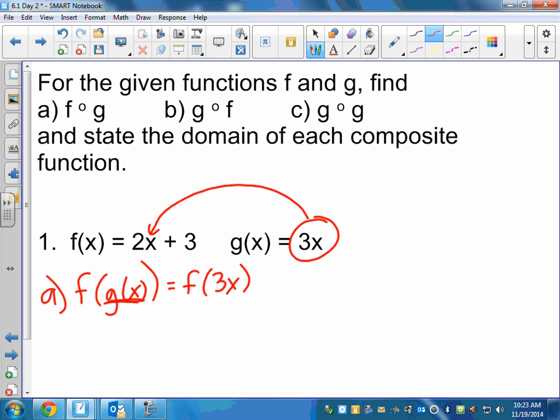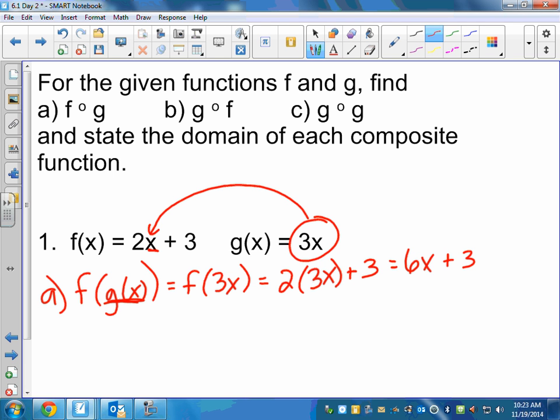Just like yesterday, except yesterday it was just 3, right? We're going to plug it in right here. Everything else stays the same except x is going to change to 3x plus 3. That's the idea of function notation, being able to plug a number in, and then I just work it out. 2 times 3x is 6x plus 3.